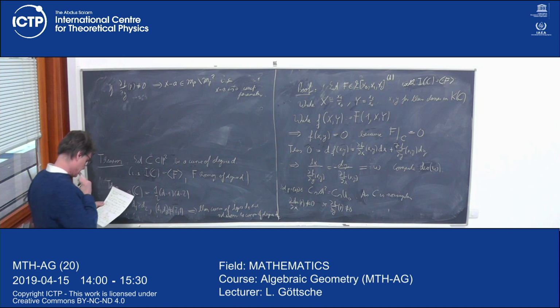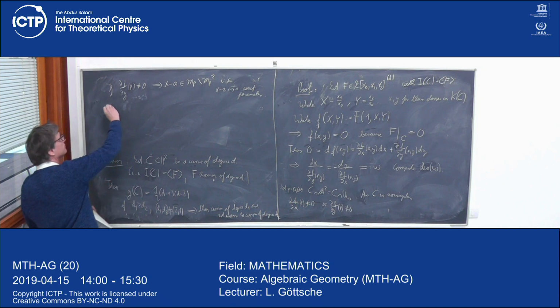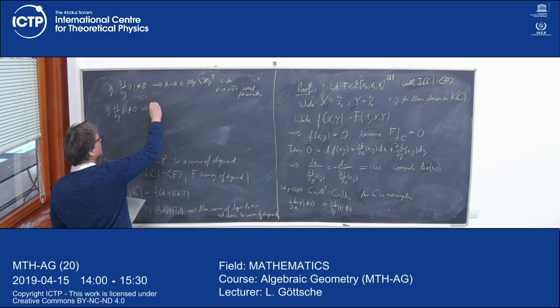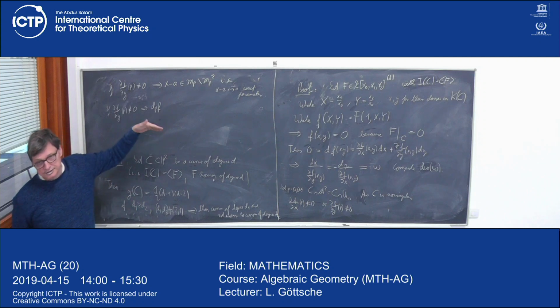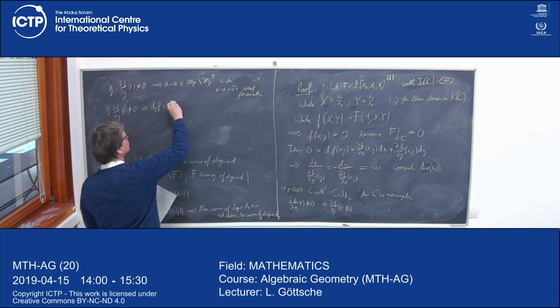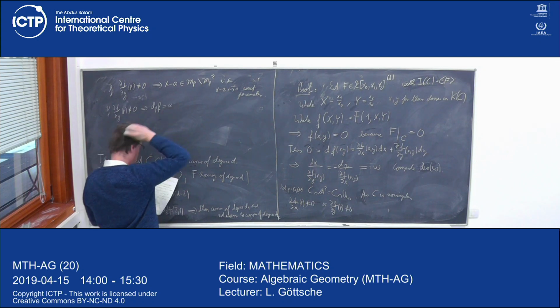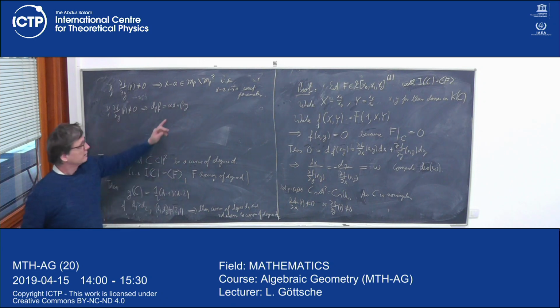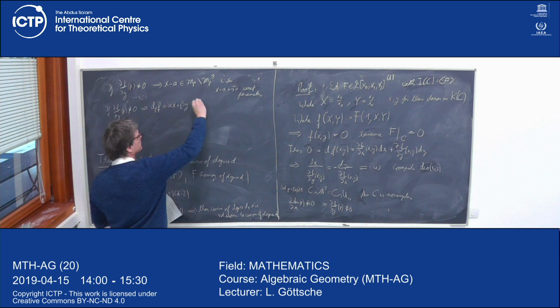Why is that? If ∂f/∂y of P is non-zero, then if I take the differential of f, of which the tangent space is the zero set, it is equal to alpha x plus beta y, and this beta is this differential, where beta is different from 0.